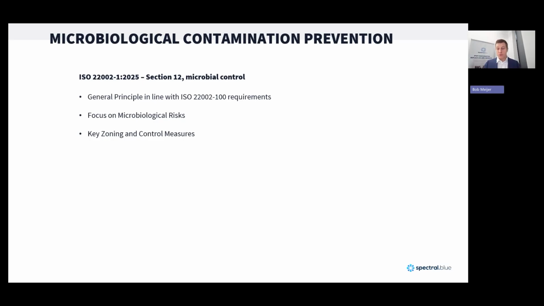You need to separate raw and ready-to-eat areas to prevent cross-contamination. There need to be physical barriers, such as walls, partitions, or even separate rooms, to isolate high-risk zones. There is a need to implement access controls, requiring personnel to change into designated hygiene clothing.